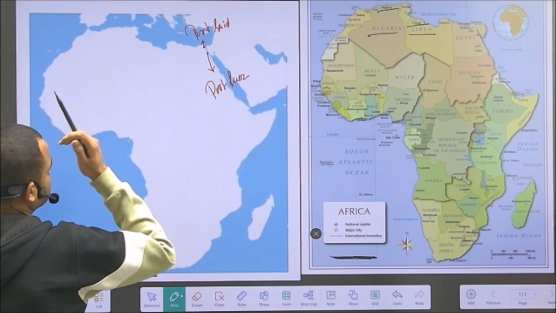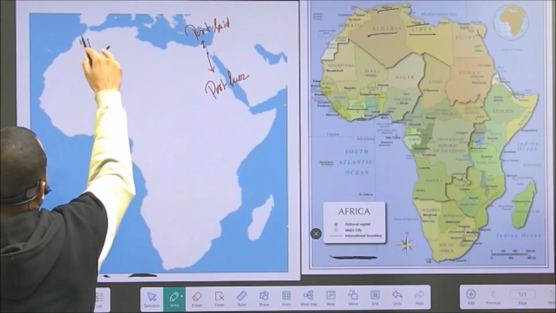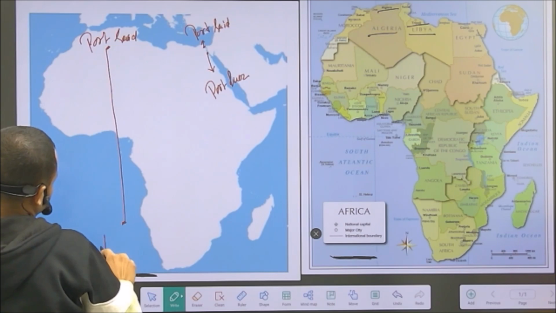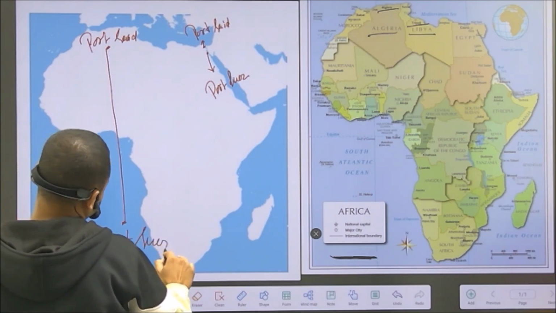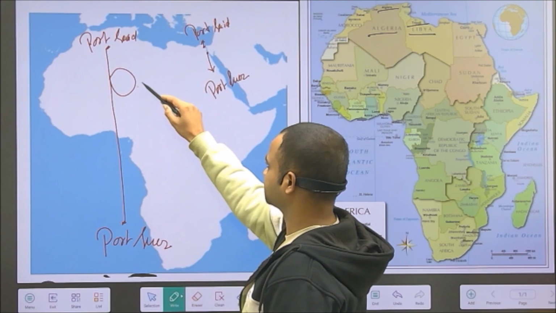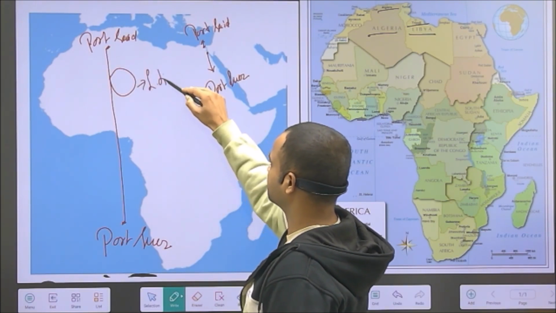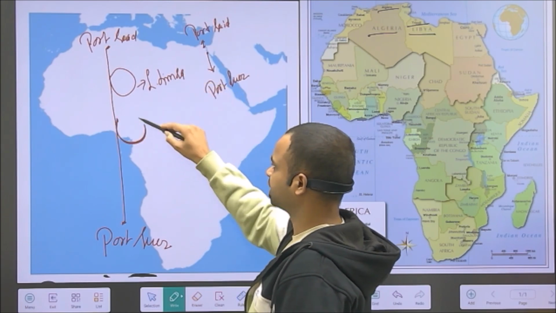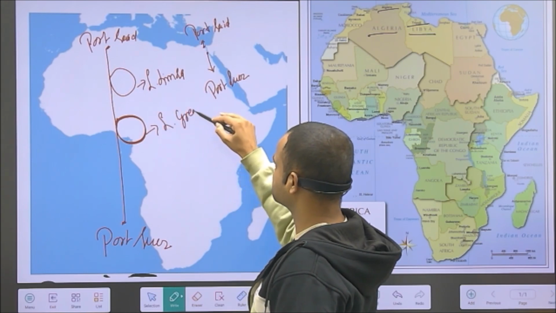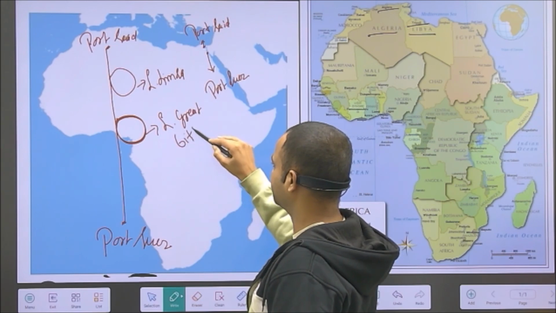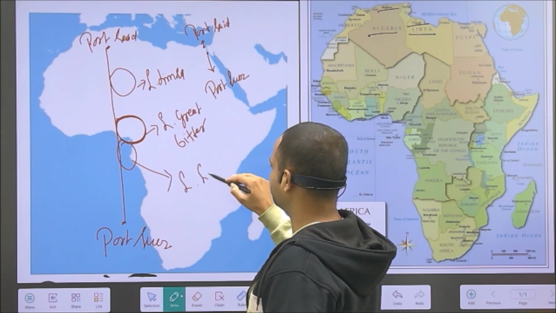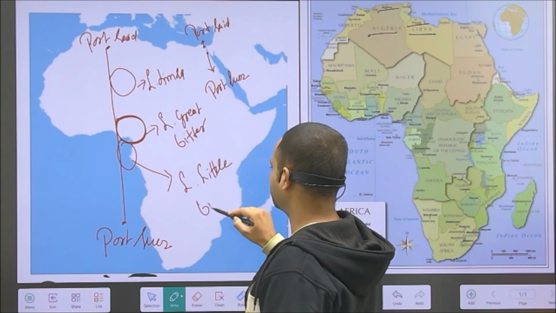Three lakes are situated between Port Said and Port Suez. First is called as Lake Timsah. Second is called as Great Bitter. Another is called as Little Bitter.